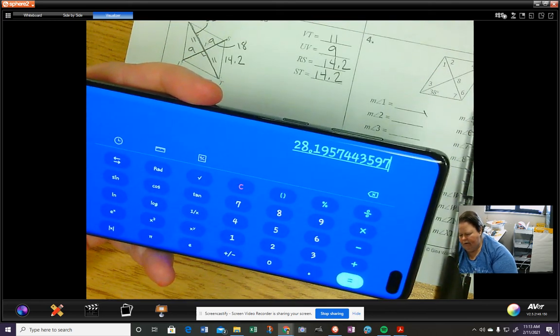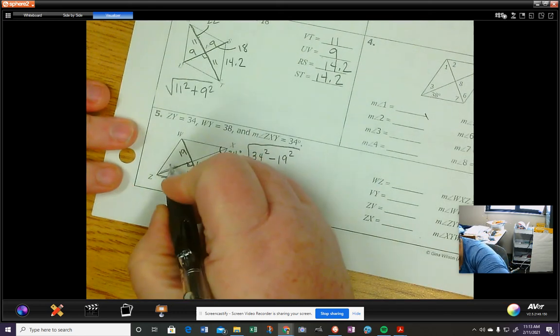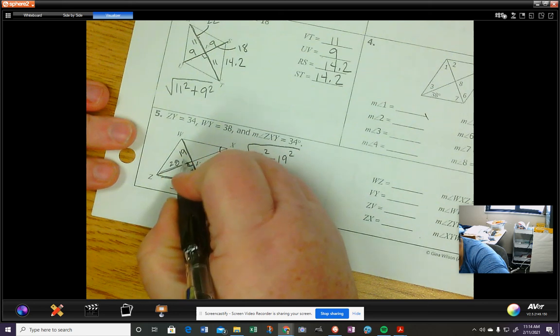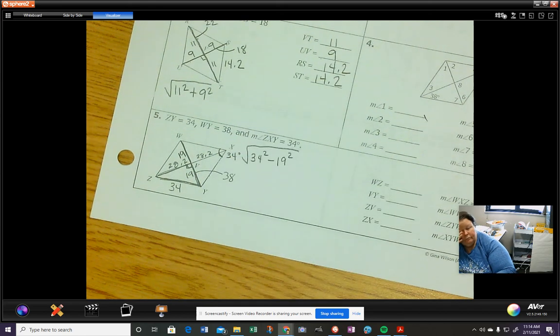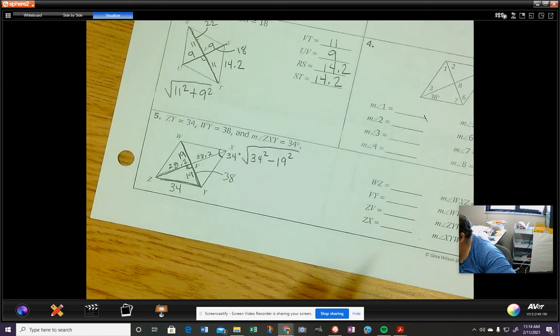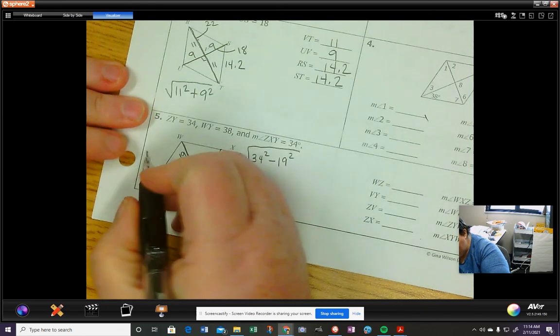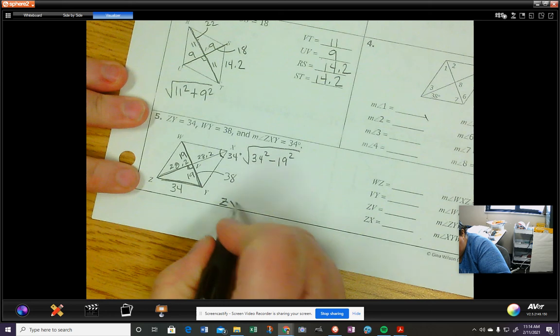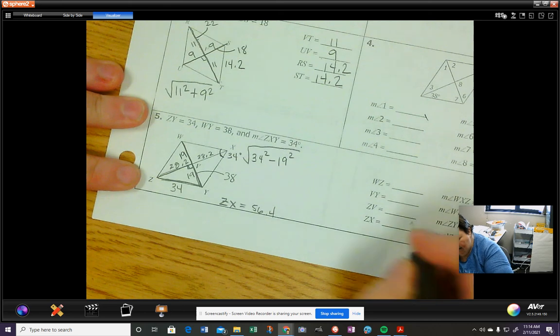I get 28.2. And this is 28.2 also. So altogether, 28.2 times 2 is 56.4. So ZX equals 56.4. And I asked that right here.